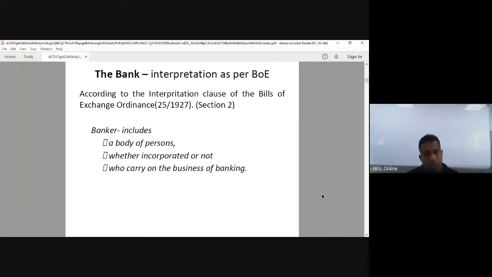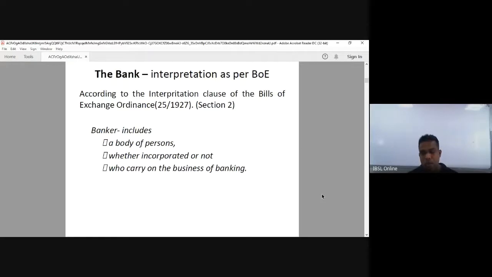Since the banking business is not defined, they could do any business and claim that they were doing banking business. So one thing, number one, this definition in the Bills of Exchange Ordinance is not valid for today.